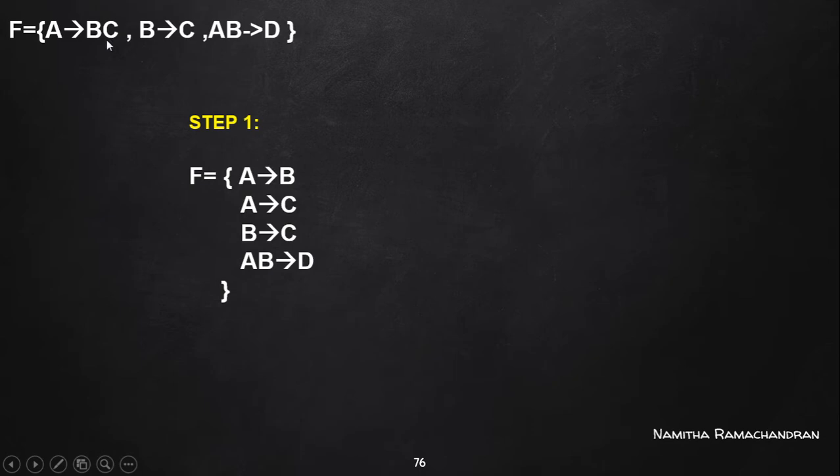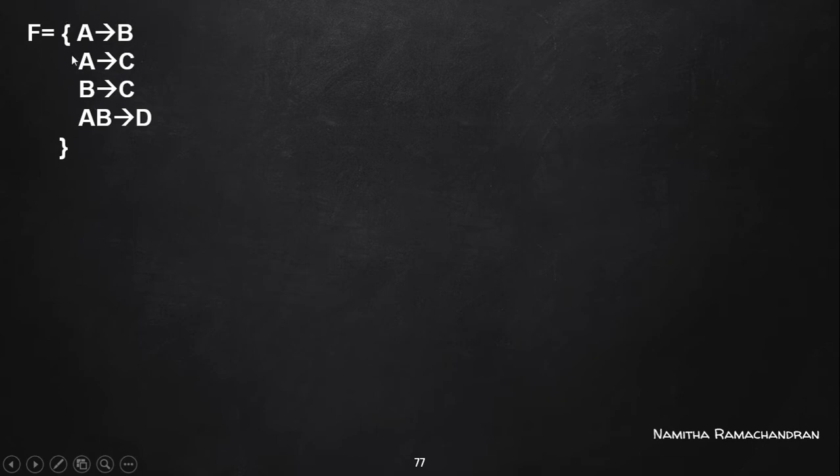So with the help of the decomposition rule, we can rewrite this as A implies B, A implies C. Then B implies C, AB implies D. So this is the output of the first step. All the dependencies contain a single attribute on the RHS. So use this output of step 1 as the input of step 2.